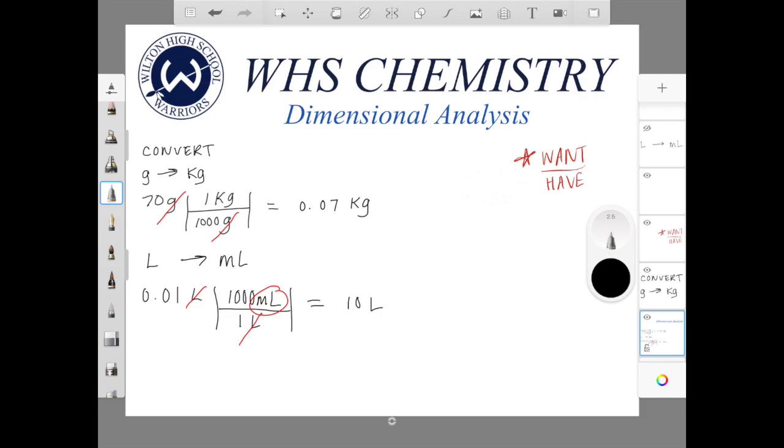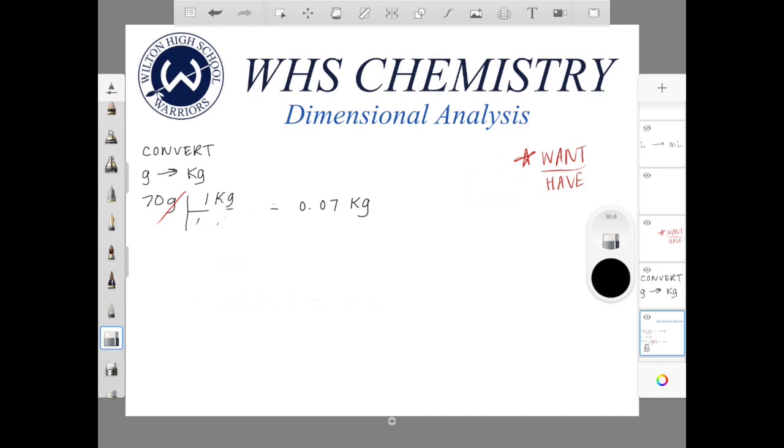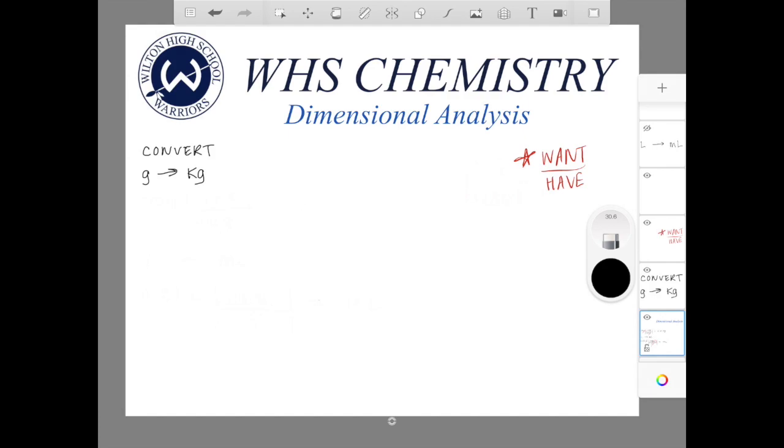So that is how we do dimensional analysis. Those are very simple examples, and we can get into more complicated examples next. But the key thing is always setting up your conversion factor based on what you want over what you have, and that will make sure that your units always cancel out.